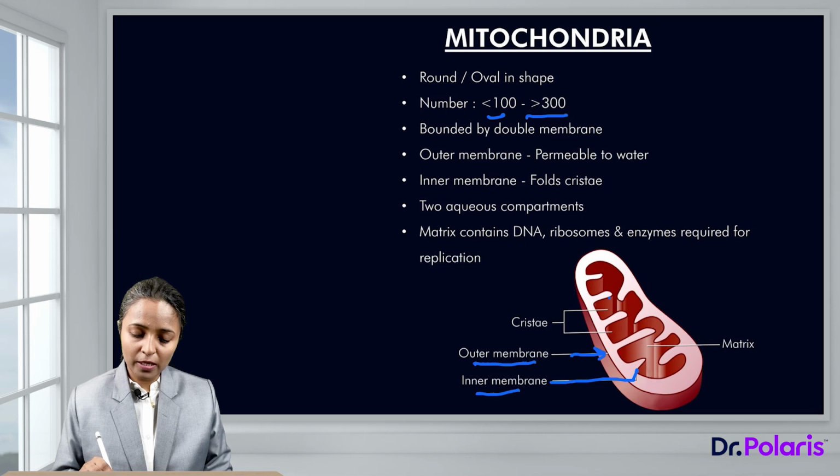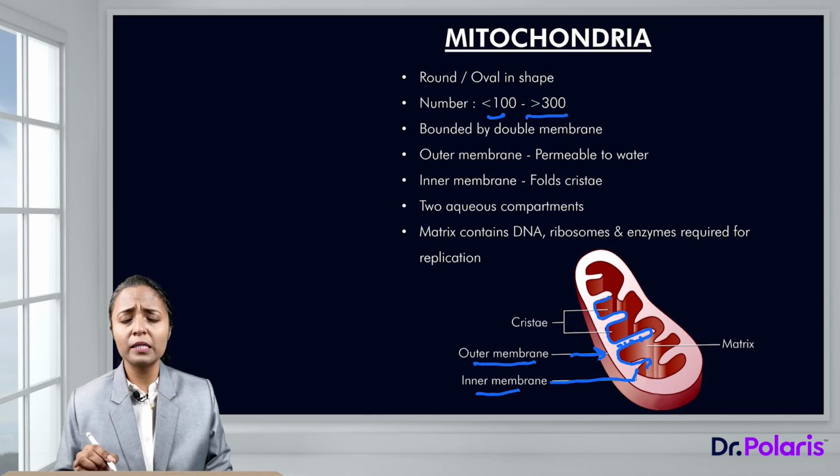The inner membrane is thrown into folds which are known as cristae, right? And there are various proteins which are present in these folds. And remember that wherever folds are present, it actually increases the surface area. So obviously there will be a lot of proteins present on these folds. Then the outer membrane is actually permeable to water.